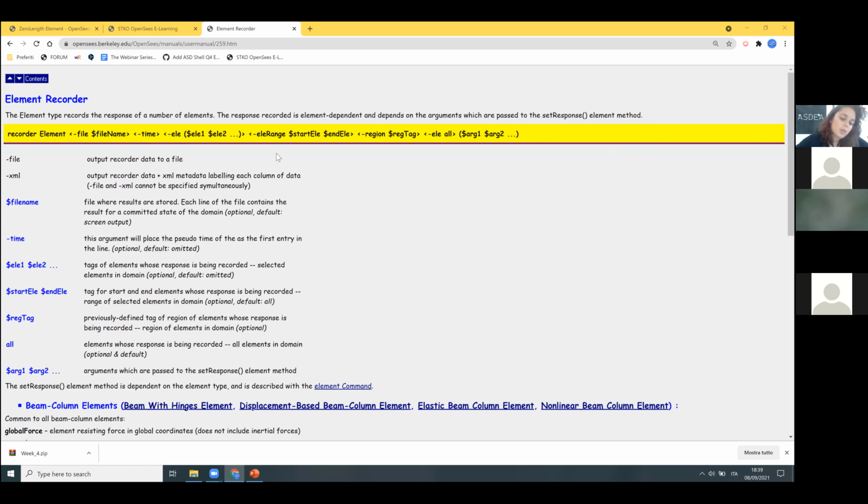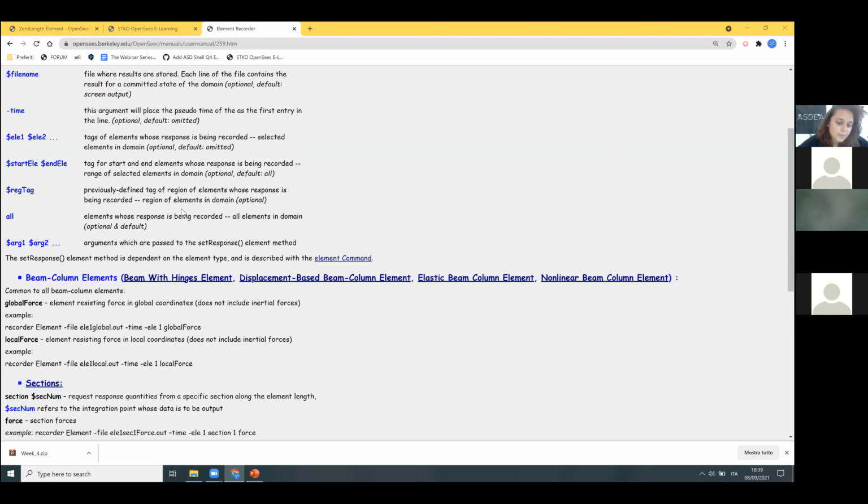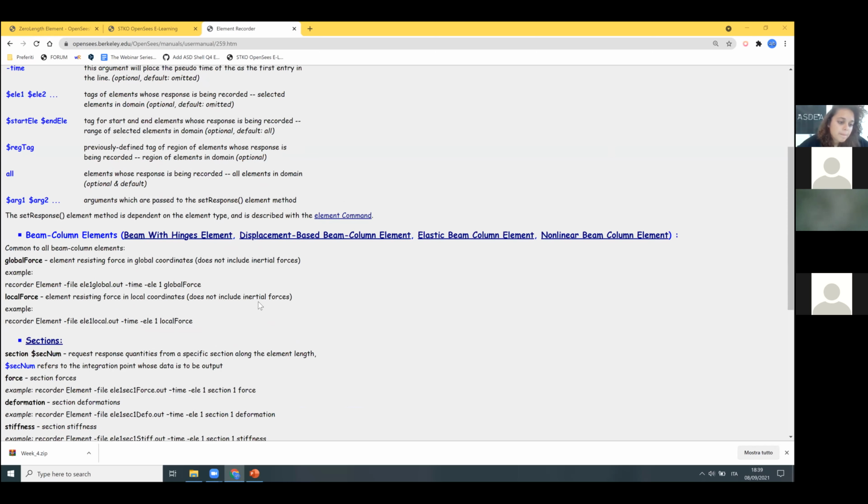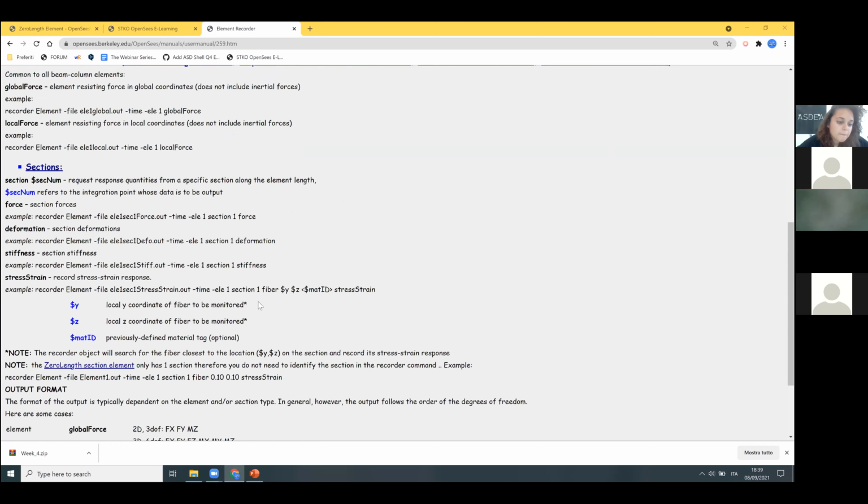It does not say in the documentation if this type of output is in global or local coordinates? So I think I did some tests on my model, and I got a little bit confused by the output, because I was trying to get the force from my zero length element. Okay.